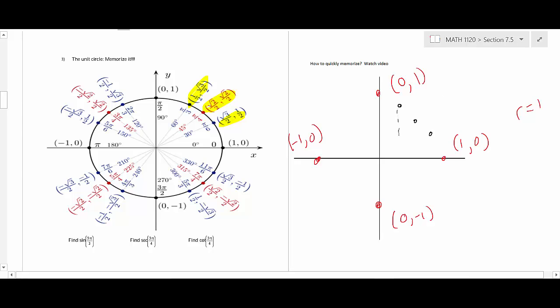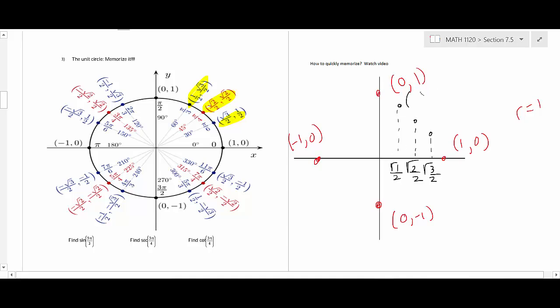So I'm going to say that's 1, that's 2, that's 3, going from left to right like that. If you just remember that they all have an over 2, and the 2 and 3 have a square root on them, then you've got it made. You divide everything by 2 and put a square root in the numerator, and then you have the x value of each point.